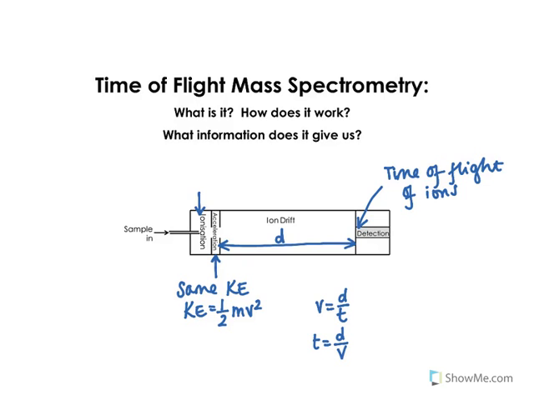So the time of flight of ions is different for different masses. And this is how the analytical technique works. It's a method which can be used to detect the mass of different ions within a sample.